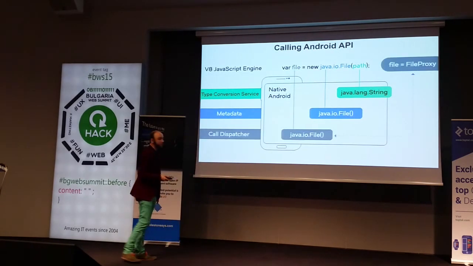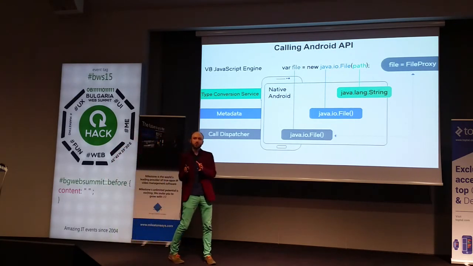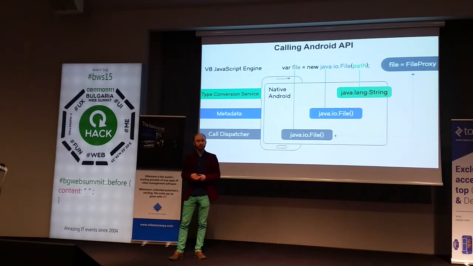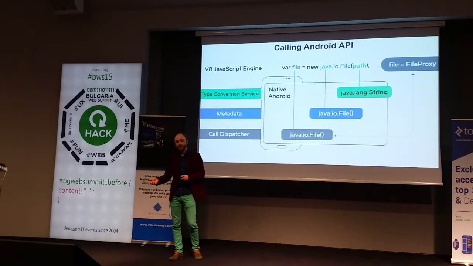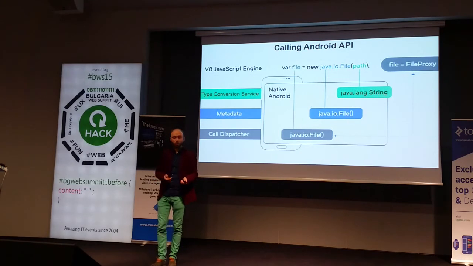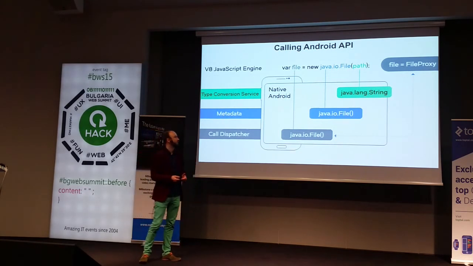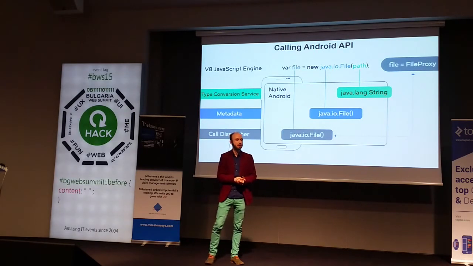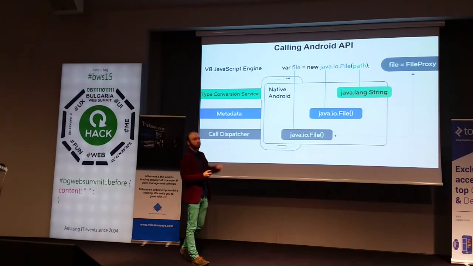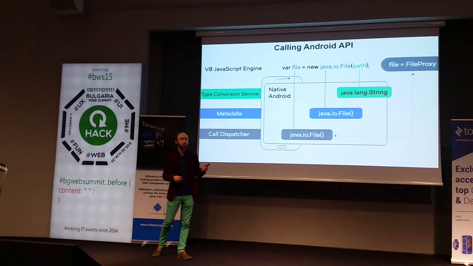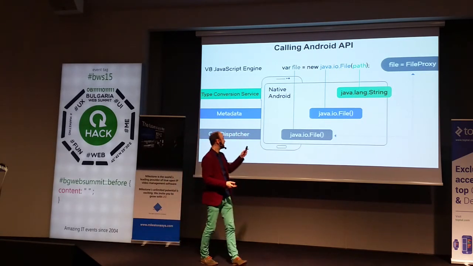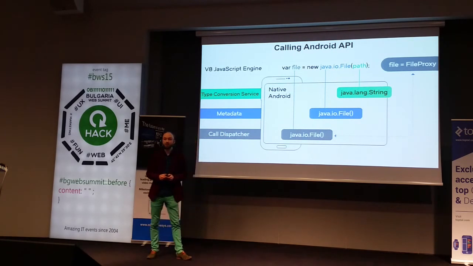And then finally the call dispatcher will execute the call, and this will result in a dual result. On the Android side, what we get is a native Java file object, while on the NativeScript side we get a JavaScript custom proxy type object, which basically links to the native one. So whenever you make a call on the proxy object to do something, that gets delegated to the native object.